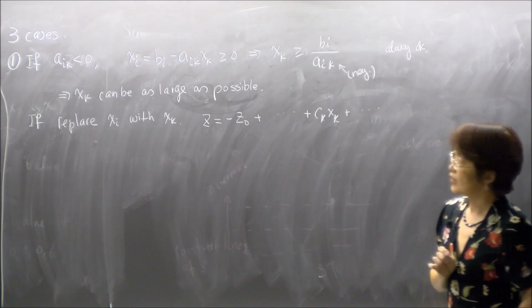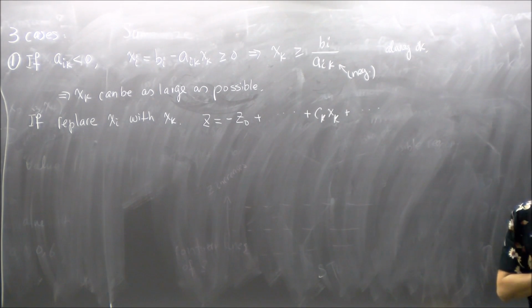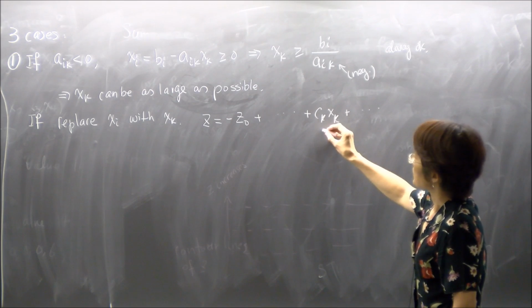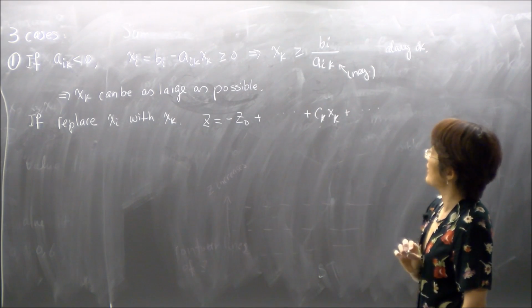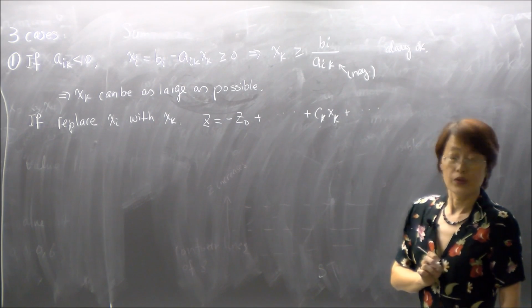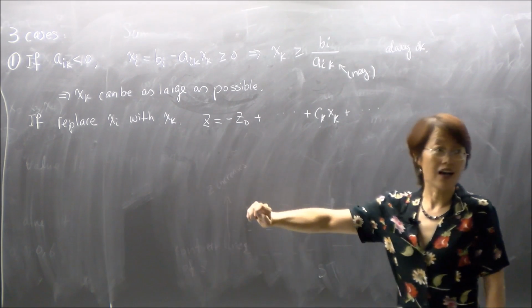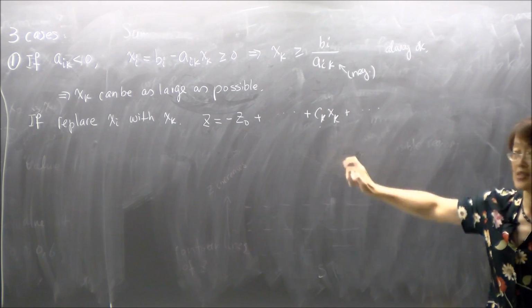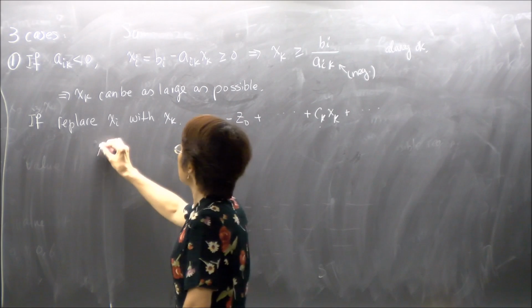Now xi becomes non-basic, right? ck is negative. xk can be as big as possible. And you want to drive z down, so of course you would take xk as big as possible. You see that?